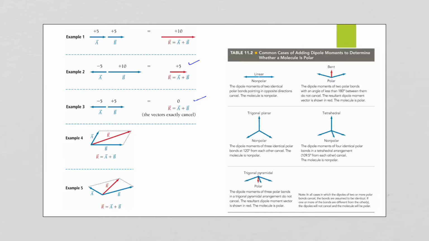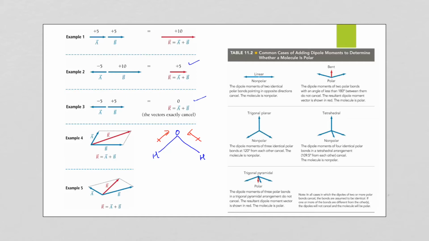So if we look at that bent geometry of water, we saw that the dipoles were like this.